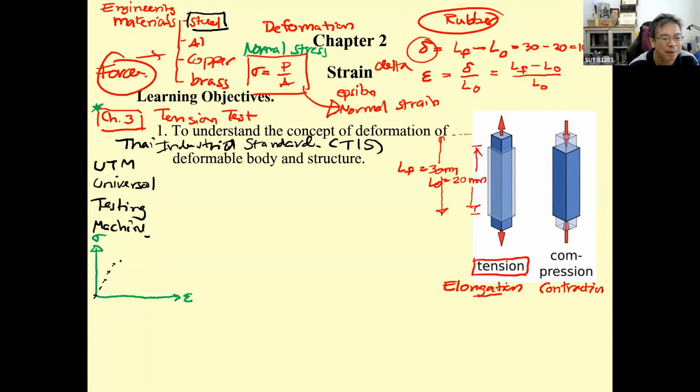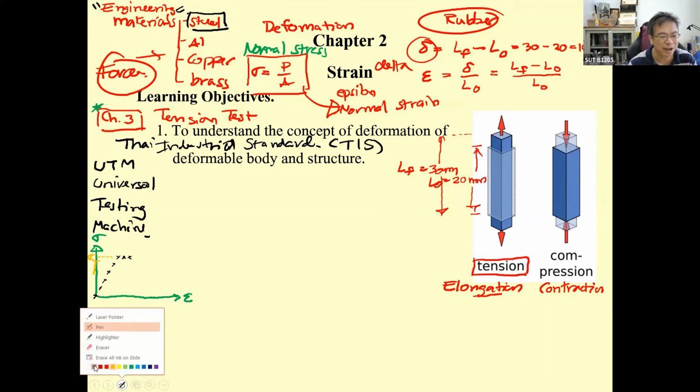For the rubber that I showed you, most of the time the stress-strain relationship is linear. But as you study in engineering materials, structural steel has yielding over here, and that's why we define the yield as sigma sub y and use it as the strength of the material.